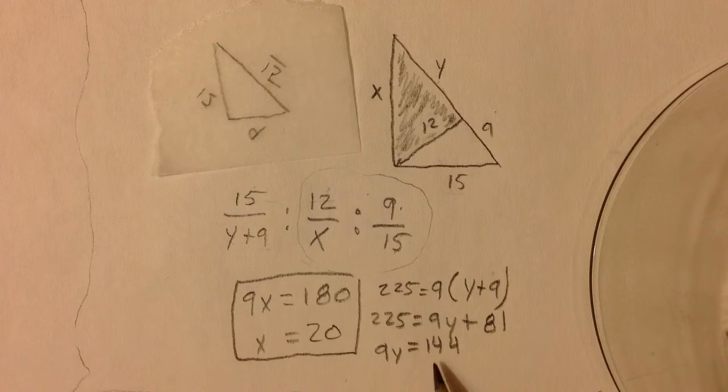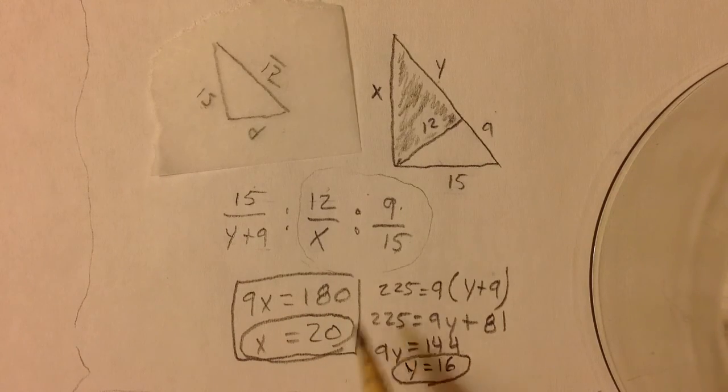Okay, now I just cut 144 by 9, and I came up with 16. y equals 16. So that's my solution: x equals 20 and y equals 16. Alrighty then, so there you go. That's how to do something like that. Hopefully that's helpful, and we'll see you next time.